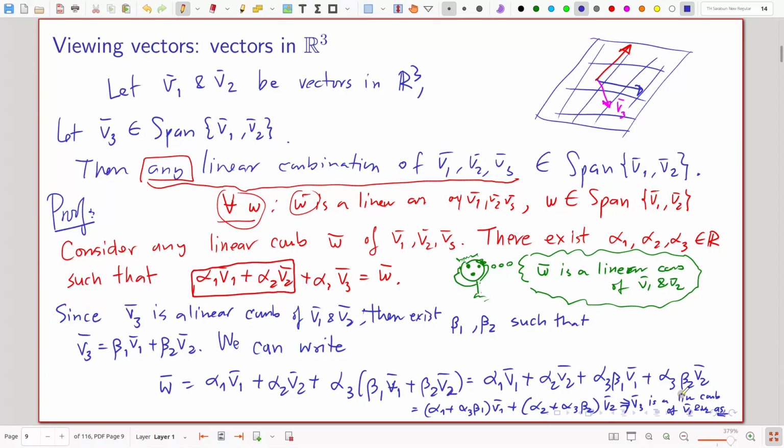You cannot get out. When you say a linear combination, you can think of it as something made of them, right? When you say V3 is in the span of V1 and V2, it means you create V3 from V1 and V2, right? So if you are created from V1 and V2, you cannot get out of the set of all things that V1 and V2 create. So that's roughly the meaning behind this.